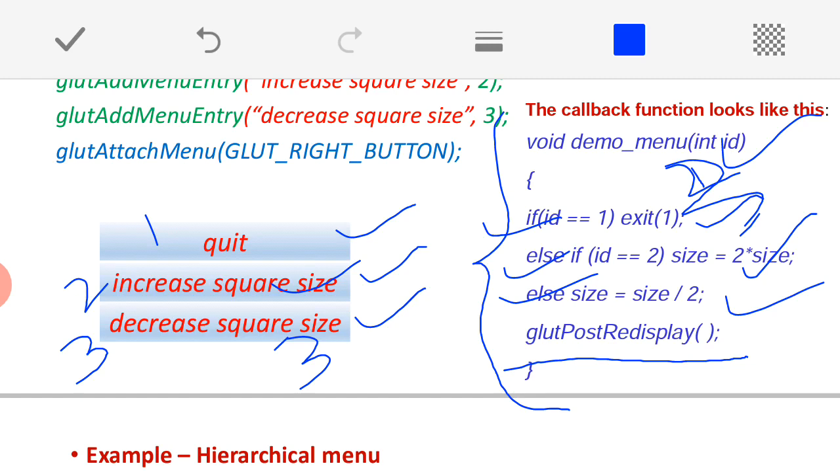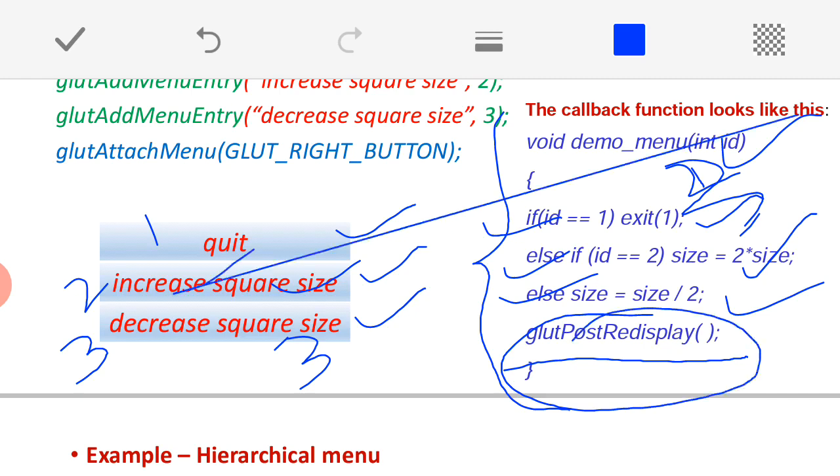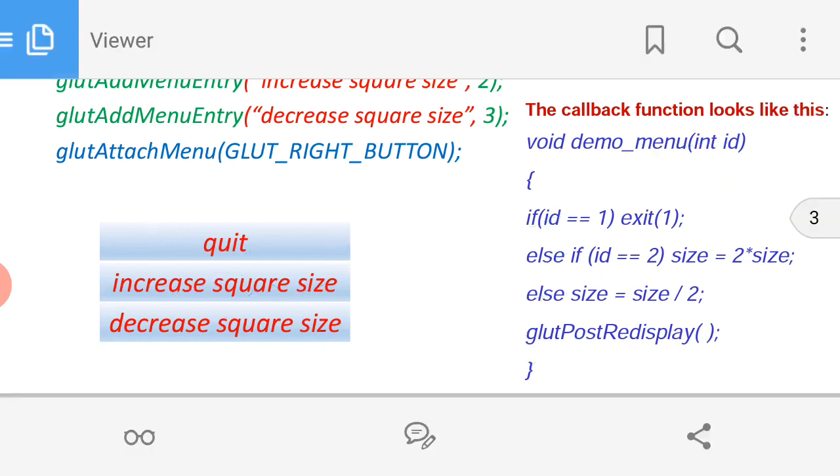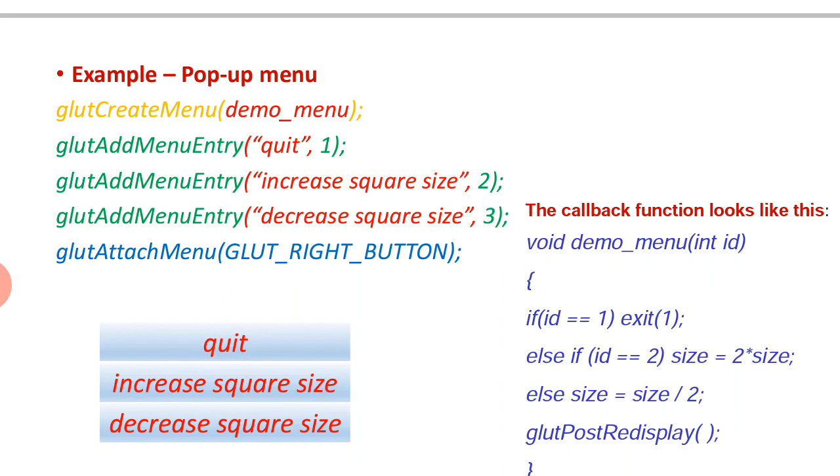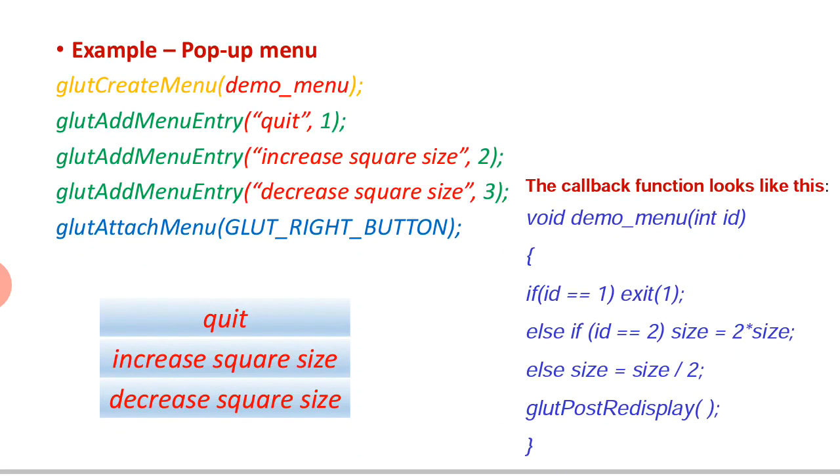Whatever code you have written to display some object in the display callback should be redisplayed by using glutPostRedisplay after the effect of either increase size or decrease size. So, this is one simple example of creating a menu with 3 entries.